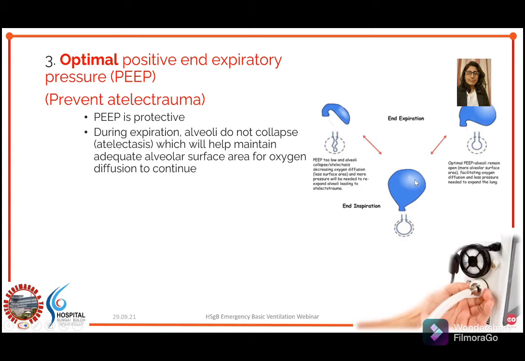At the end of inspiration, you will have an inflated balloon, and from inspiration you proceed into the expiration phase. For PEEP, usually at the end of expiration, you want to have remaining alveoli that are open rather than collapsed, because open alveoli will provide more alveolar surface area for facilitating oxygen diffusion, and you will need less pressure to expand the lung in the next breath.